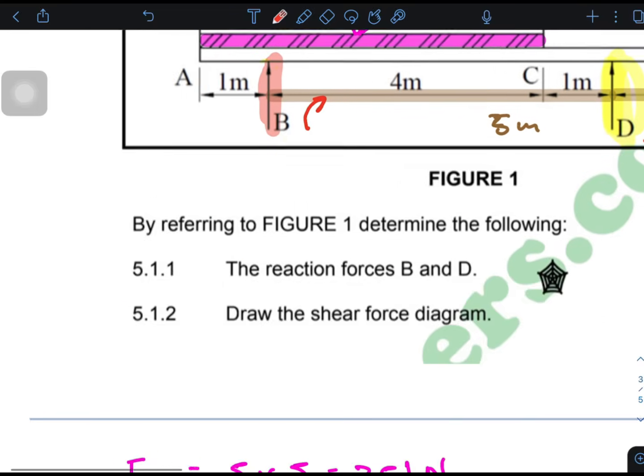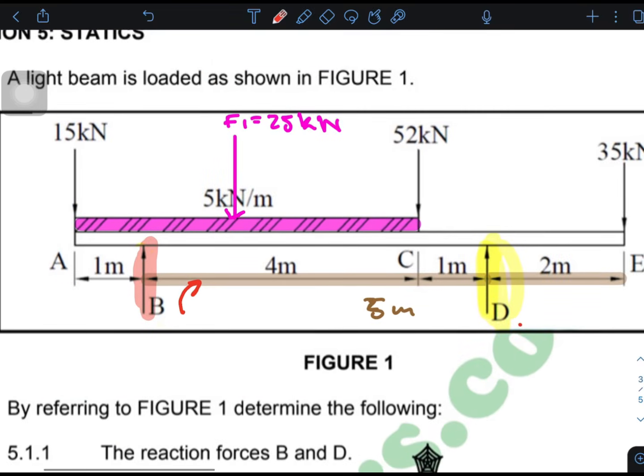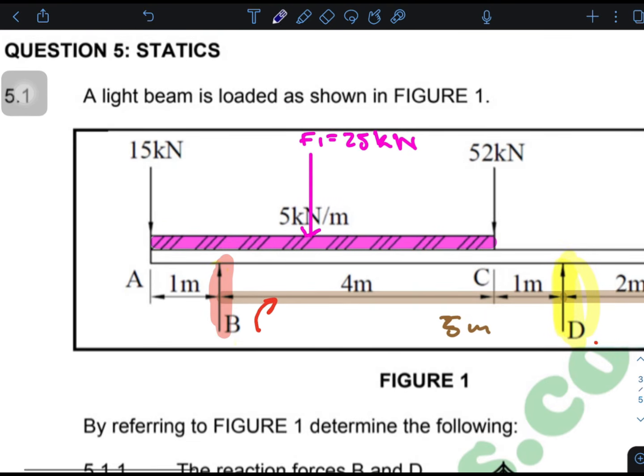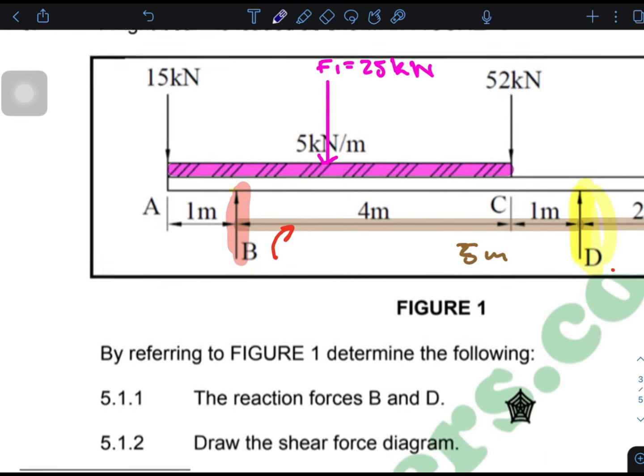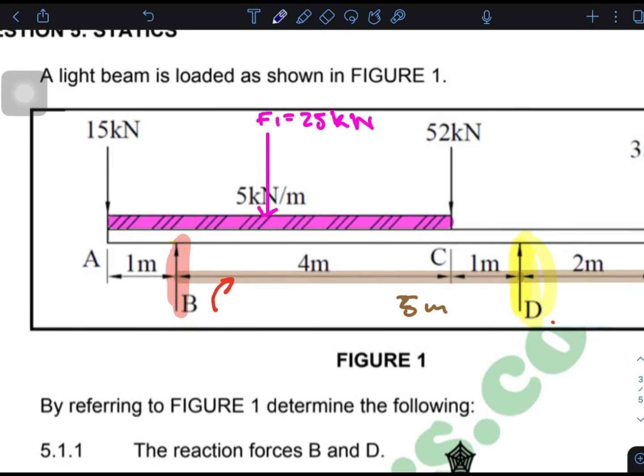Then I look at the anti-clockwise moments. Okay. Now that I've sorted the clockwise moments, the remaining are anti-clockwise. Okay, so what do I look for?